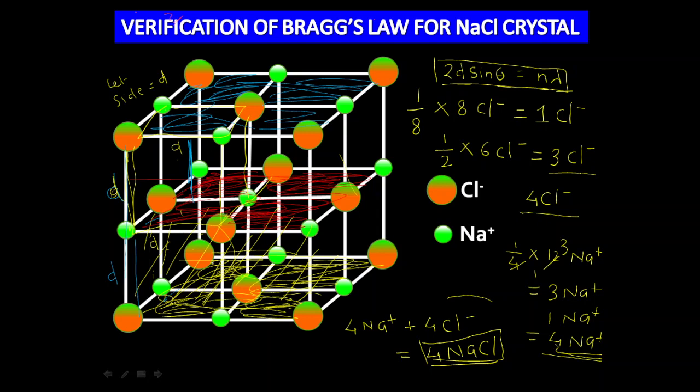Means the distance between the middle plane and lower plane, which is the side of the elementary cube, is the interplanar spacing. Similarly, the distance between the middle plane and upper plane is also the interplanar spacing D, the side of the elementary cube. Means the side of the elementary cube is the interplanar spacing of that Bragg's law.